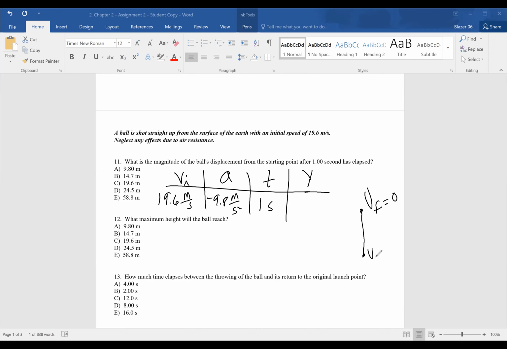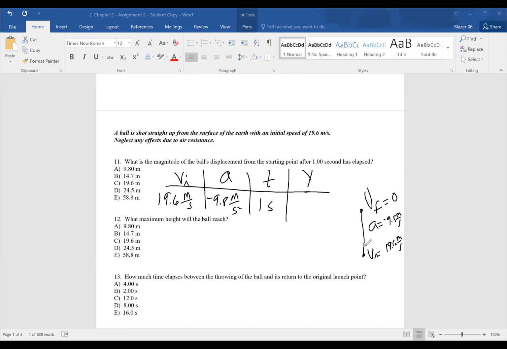The initial velocity is 19.6, and a is negative 9.8. So I can find the time here.